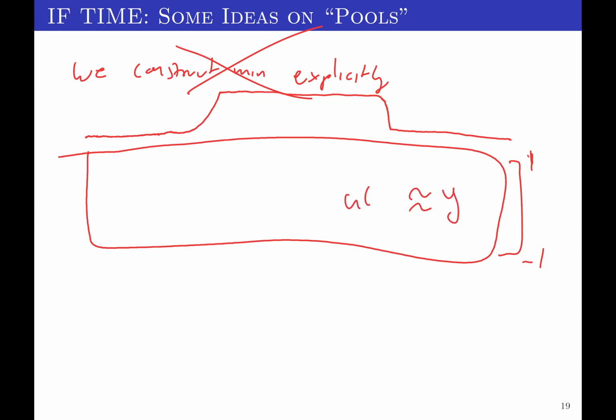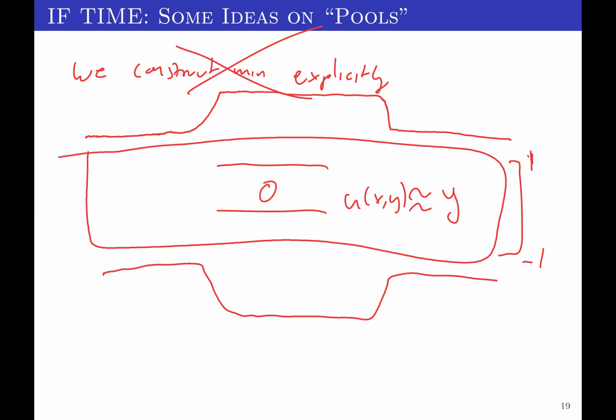So you expect u of xy to look kind of like y at the sides of the box because it would achieve the boundary values and it's harmonic. It's very nice. And in the middle of the box, you expect the function to have some sort of pool of zeros, right? So the idea is that we construct these boundary values so that if you minimized slice by slice, you really would look like something like this.